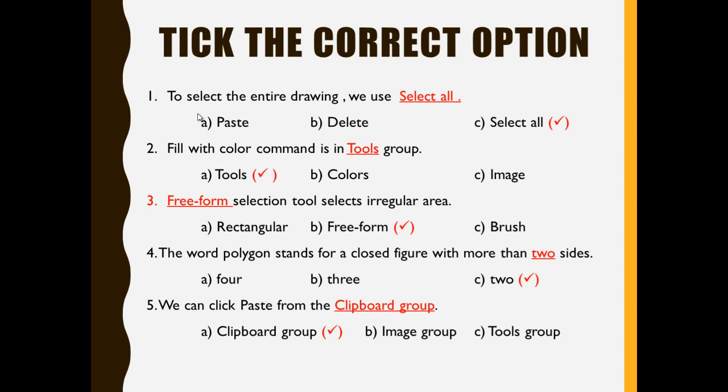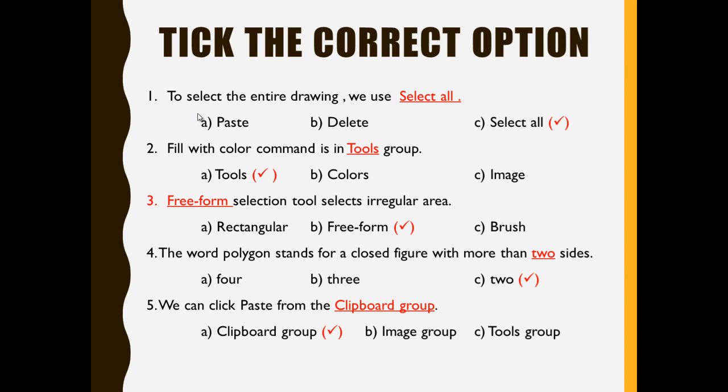Third, dash selection tool selects irregular area. Answer is free form. Free form selection tool selects irregular area. Fourth one, the word polygon stands for a closed figure with more than dash sides.